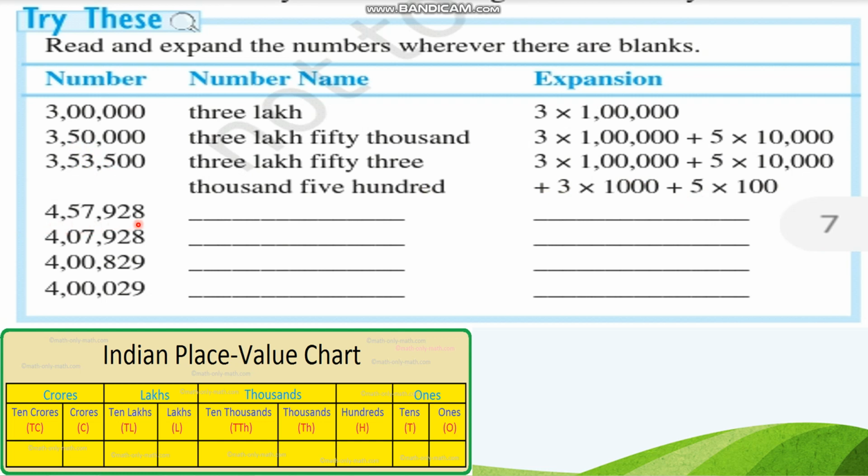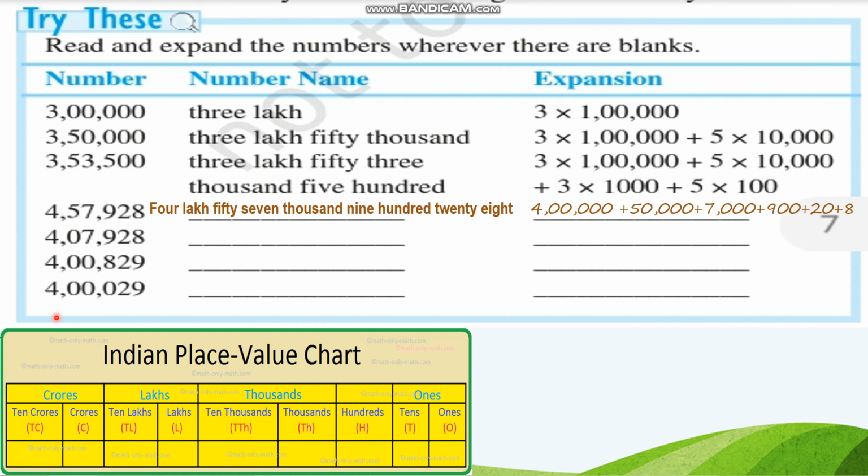How to read this number? Yes, 4 in lakhs place, isn't it? So 4 lakh 57,928. And the expansion is 4 lakh plus 50,000 plus 7,000 plus 900 plus 20 plus 8.